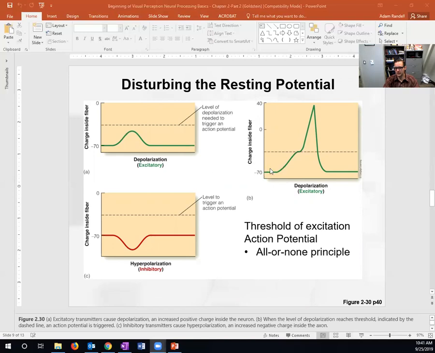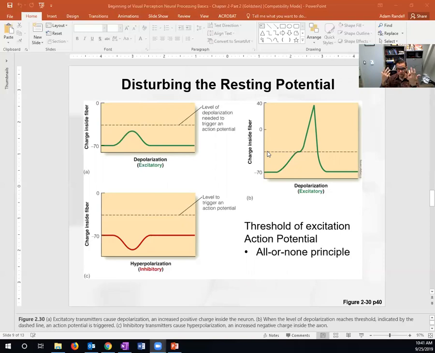If something comes in and opens up a channel and lets positive charges in, you get movement up. Well, why does that matter? Every cell with an action potential has a threshold of excitation. If a cell is depolarized enough to reach the threshold of excitation, the action potential is activated, and you get this massive positive spike in the charge of the axon, in the charge of the neuron.